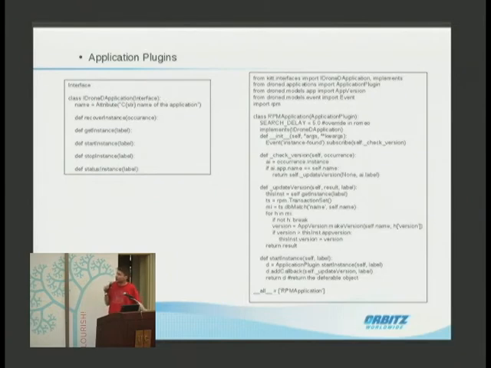So to be an application plugin, you have to implement an interface and you have to be in the right location. One of the really neat things about using ZOP interfaces is we don't have to inherit from application plugin to be an application plugin.